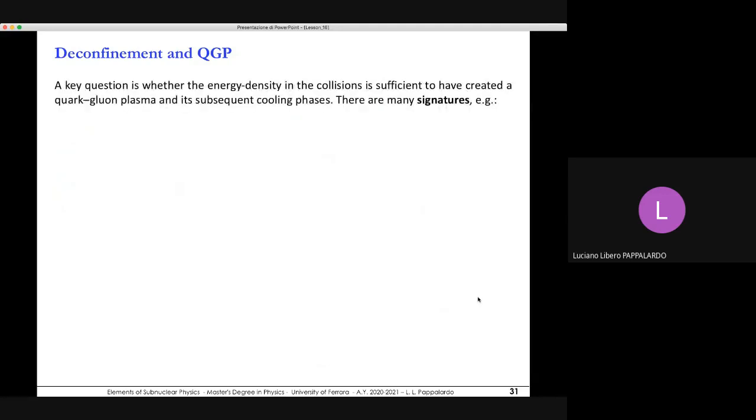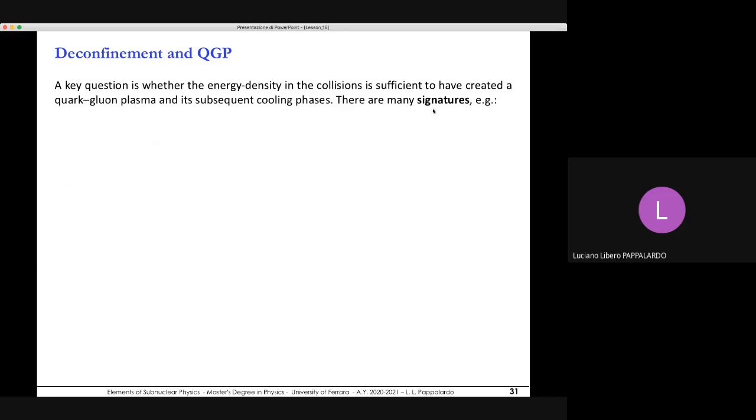Now, a key question is whether the energy density in the collision was sufficient to create the quark-gluon plasma and the subsequent cooling phases. In fact, what we observe at the end is only hadrons in the final state. So how can we say that these hadrons were formed within a quark-gluon plasma, or that we did create a quark-gluon plasma in the collision?